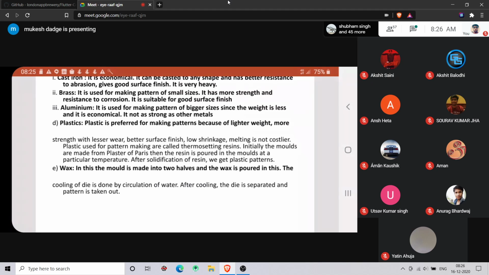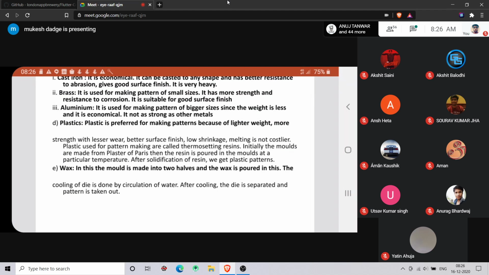After the solidification of resin, we get the plastic pattern. So wax. By wax also, you can get the mold. The mold is made into two halves and wax is poured in this. Wax melting temperature is very low.